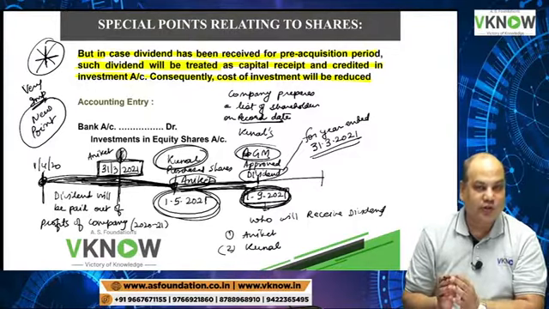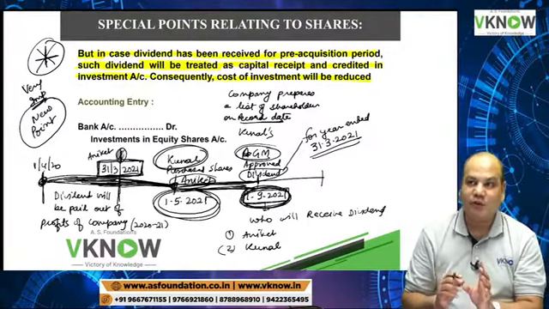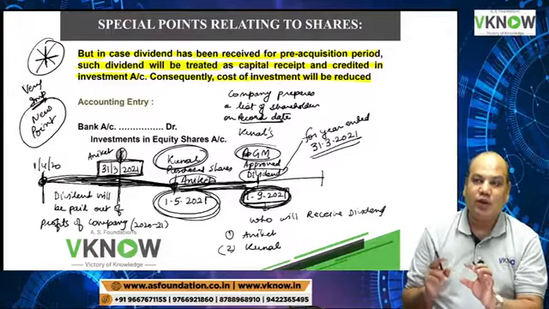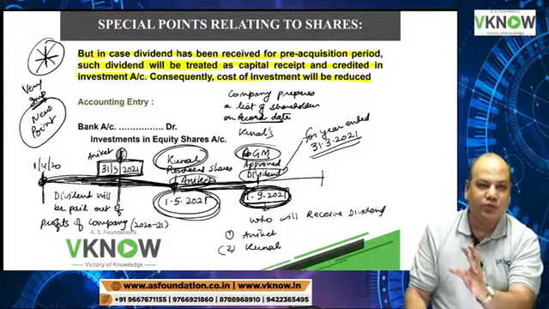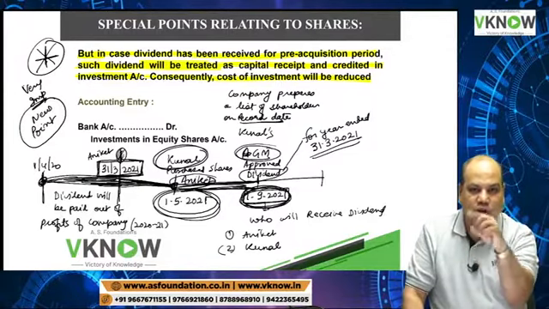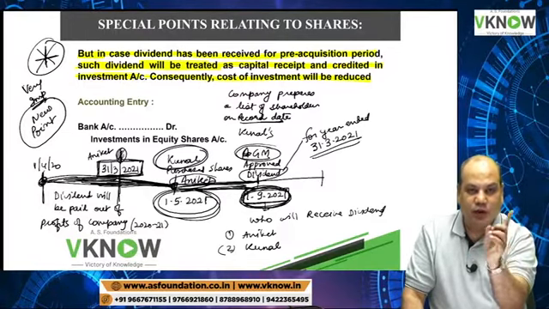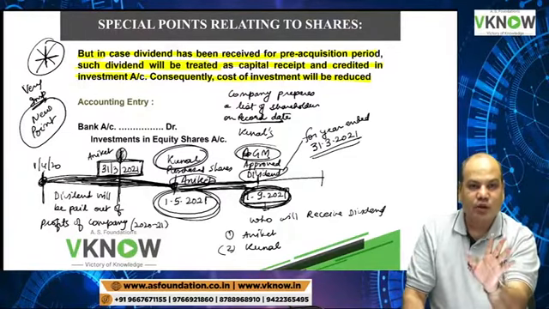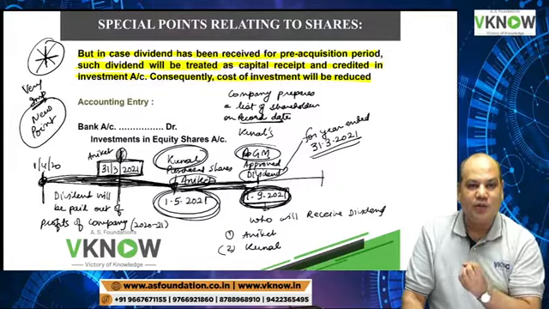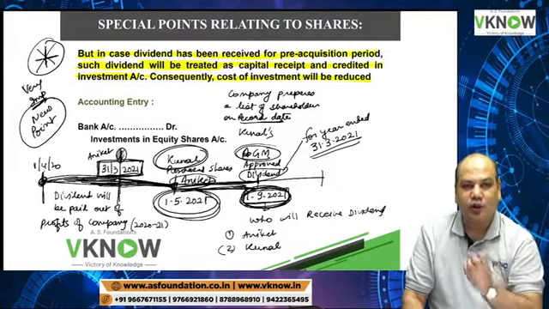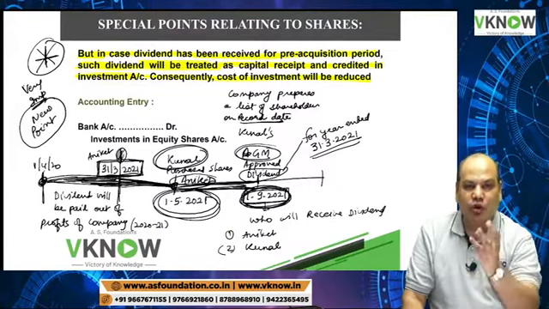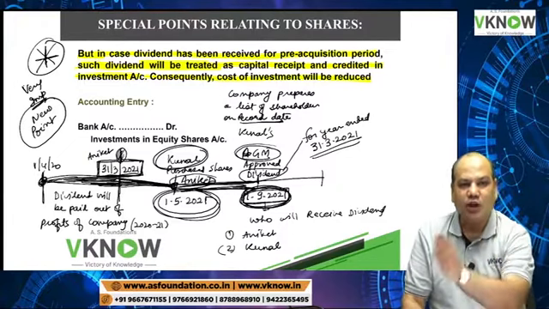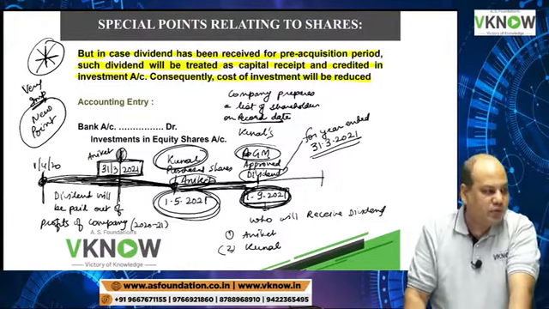So the standard says, now pay attention, I have explained for 15 minutes now. When an investor receives dividend for a period when he was not a shareholder, it is like a capital receipt. It is like recovery of your cost. It is not income and therefore credit it to the investment account.